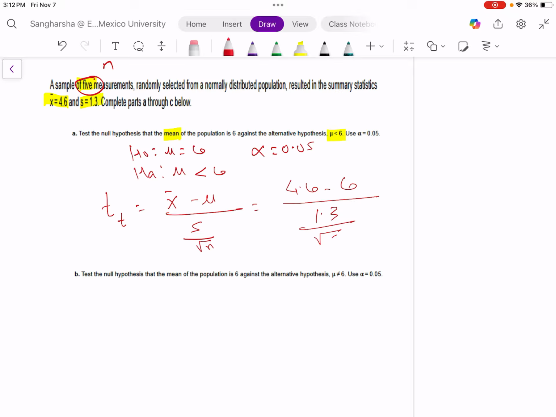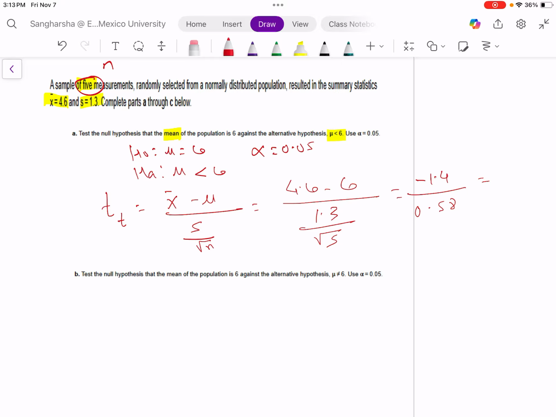Divided by square root of n, which is 5. So this equals 4.6 minus 6, which is negative 1.4, divided by 1.3 divided by square root of 5, which is 0.58.